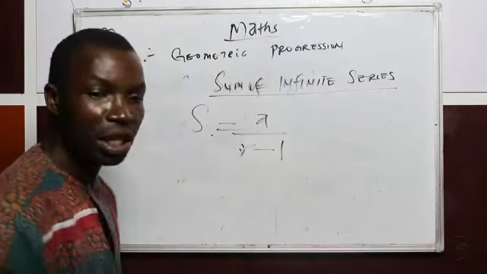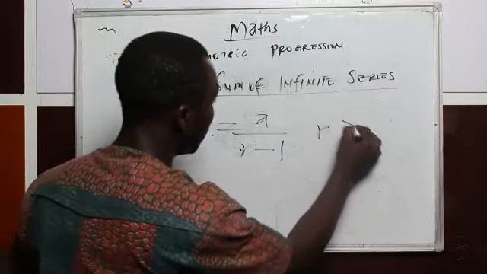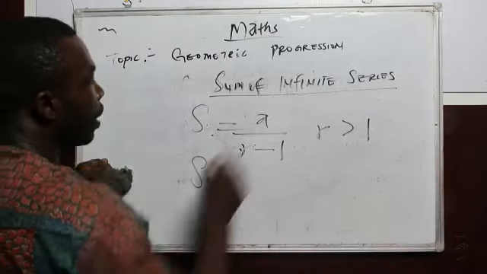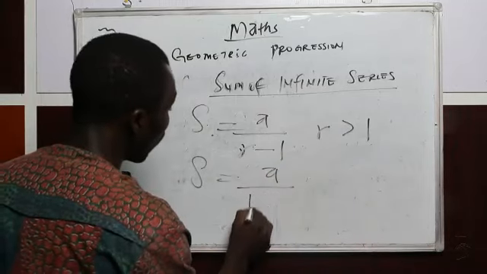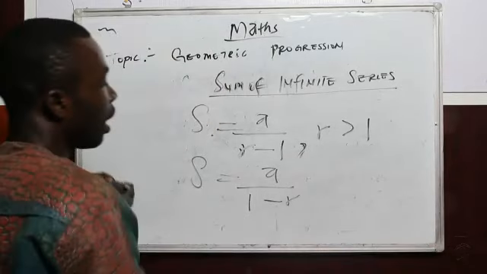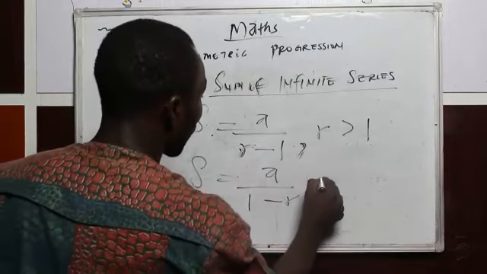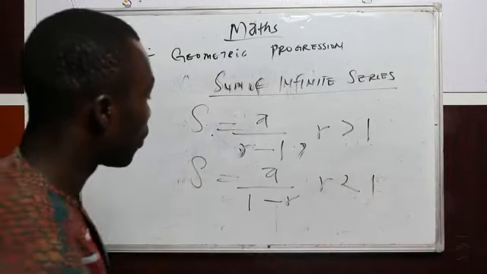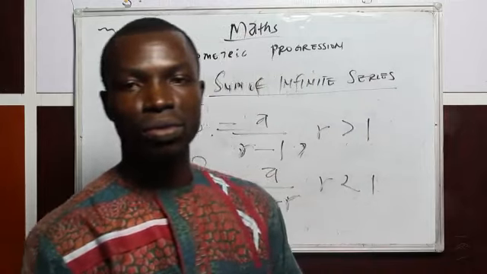If in this aspect R is greater than 1, we use A over R minus 1. If R is less than 1, we still have the sum of infinite series in GP, which is equal to A over 1 minus R. It is a conditional statement, as I've said: if R is greater than 1, we use R minus 1. If R is less than 1, we use 1 minus R. So this is the sum of infinite series that we can use.